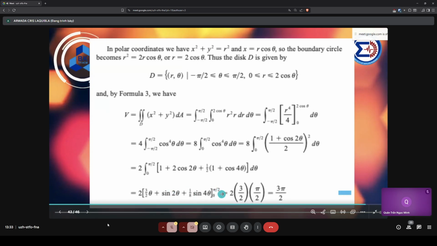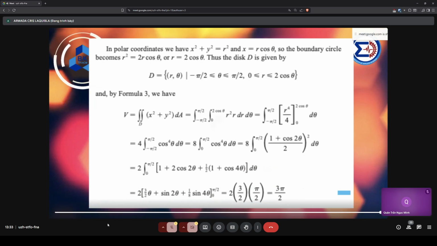And when you substitute pi over 2 here, 4 times pi over 2, it's 2 pi. So sine of 2 pi is also 0. So only this one will give the value. So 2 times 3 over 2 times pi over 2, then the answer is 3 pi over 2. And that's it. Next.